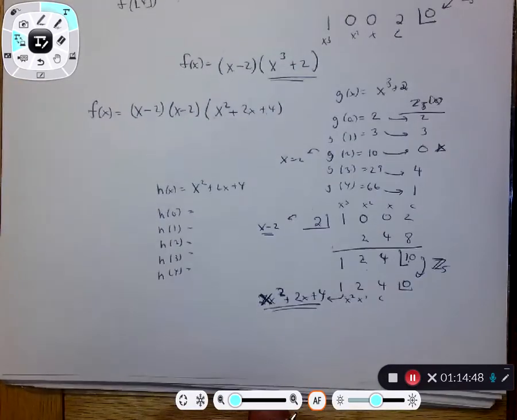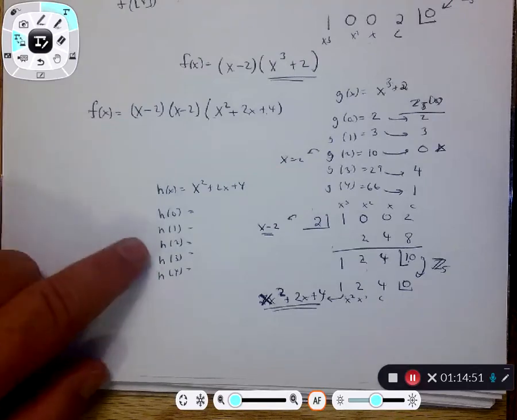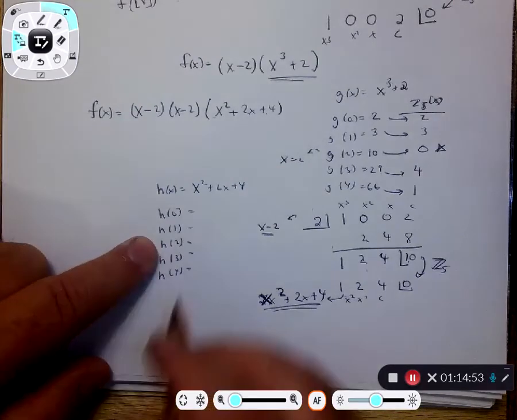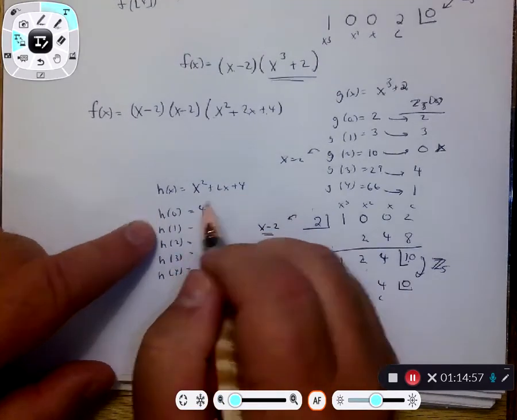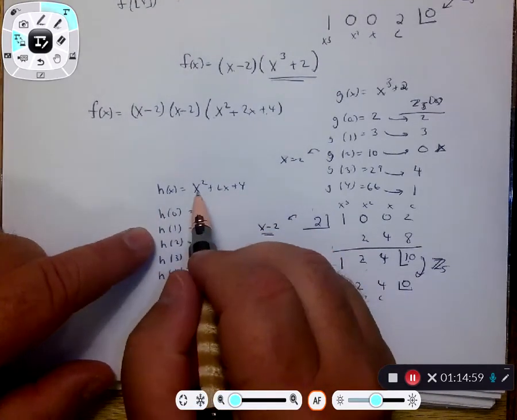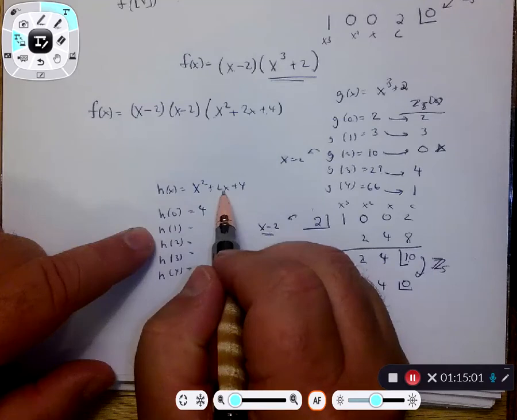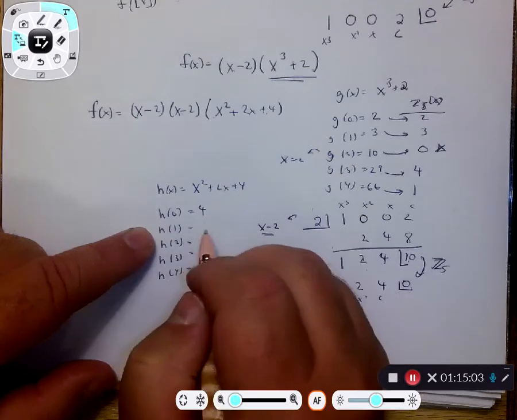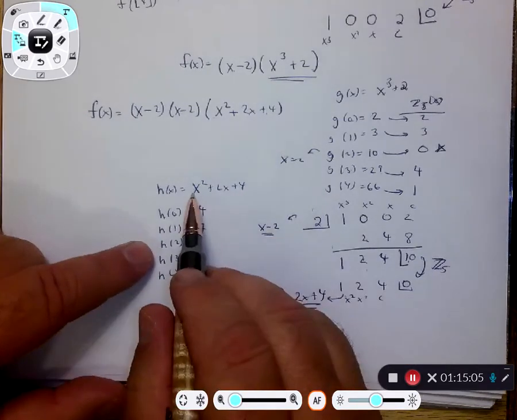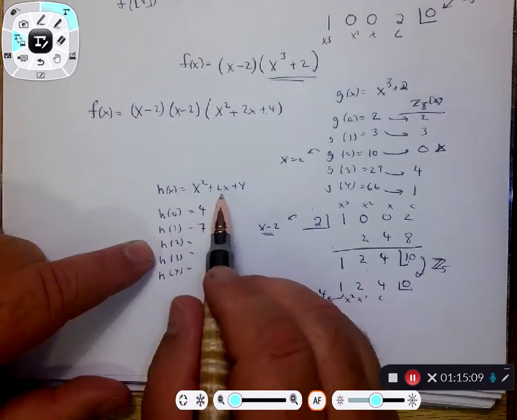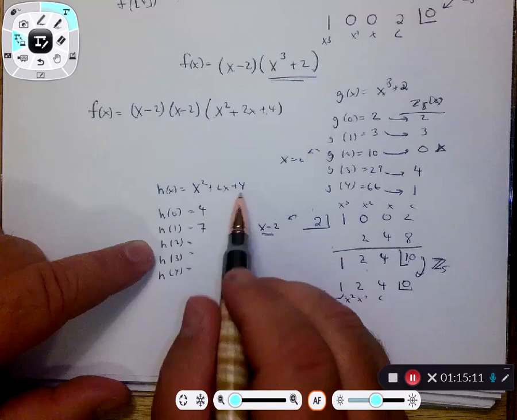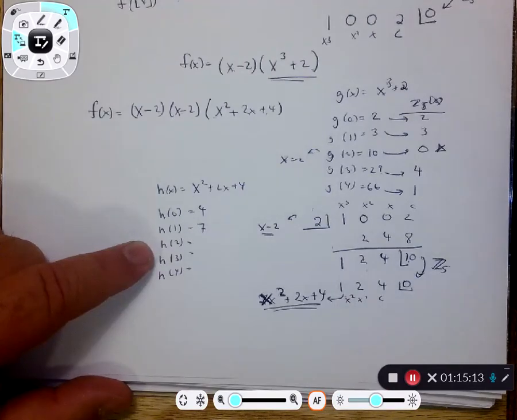Well, let's find out. So all I really need to do is plug in 2 again, but I'll plug in all these numbers into this guy. Plugging in 0, I get 4. Plugging in 1, 1 plus 2 is 3, plus 4 is 7. Plugging in 2, 2 squared is 4, 2 times 2 is 4, 4 plus 4 is 8, and 8 plus 4 is 12.